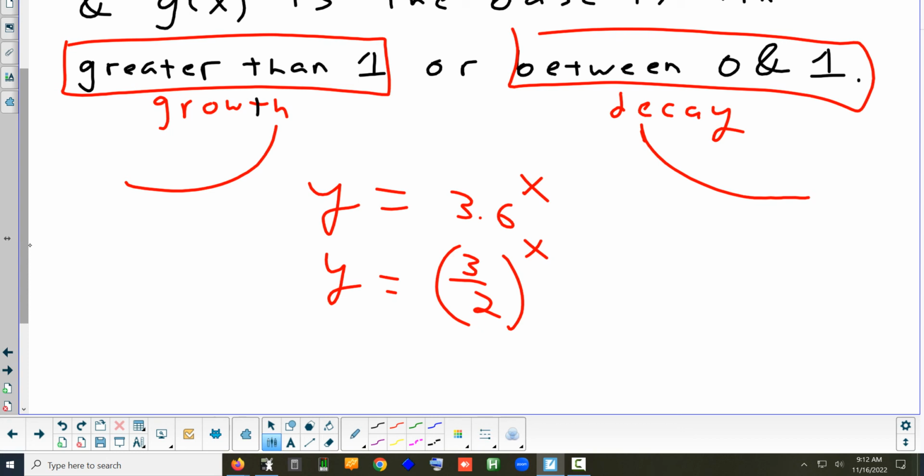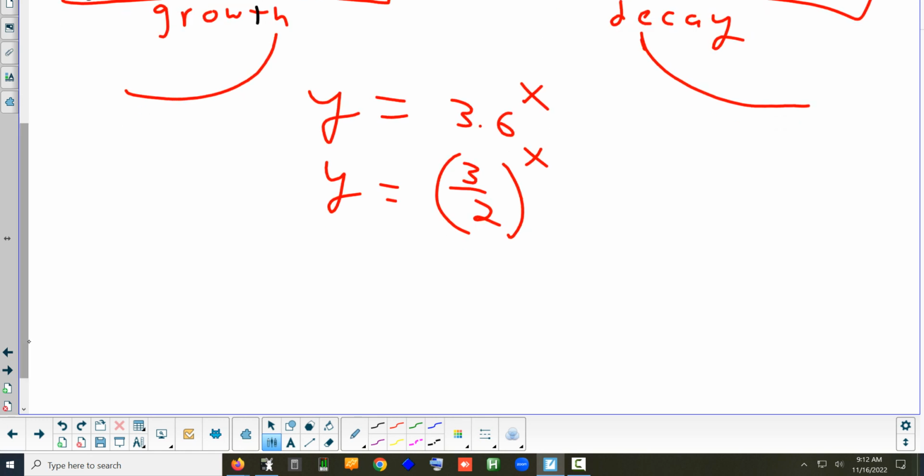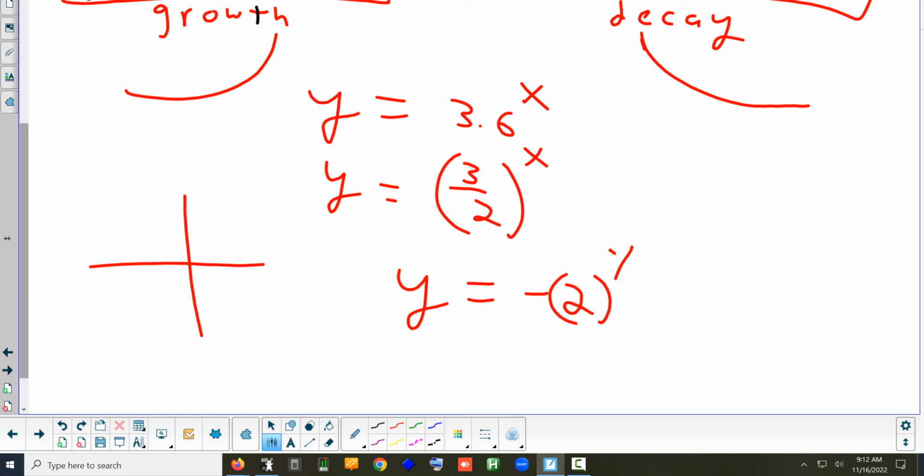Yes. What if the equation was for whatever reason converted over the x-axis? Would it still be growth and decay? So you mean you had like a vertical reflection? Yeah. So if you had something like a negative in front, we're going to talk about that. But if you put a negative in front, that would cause a vertical reflection.